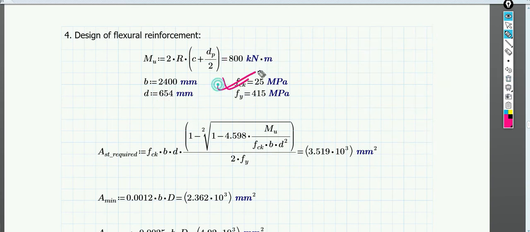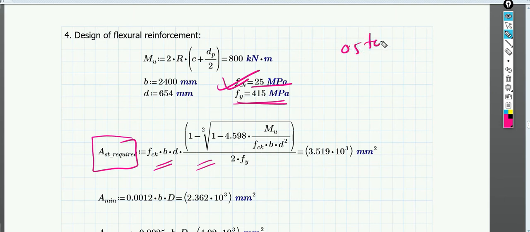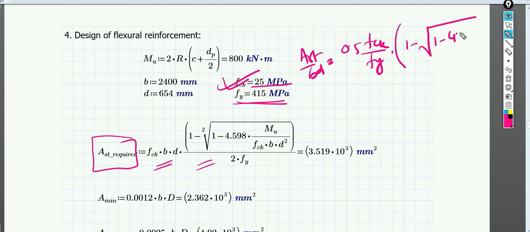Now as we are designing for the pile cap, fck is M25 and fy is 415. So to find out the area required as per the equation that we have used previously also: Ast by bd equals 0.5 fck by fy into 1 minus root over 1 minus 4.598 Mu by fck b d square.